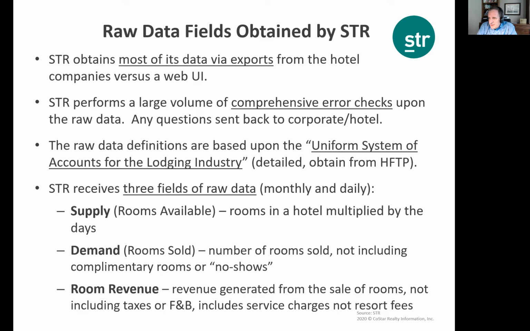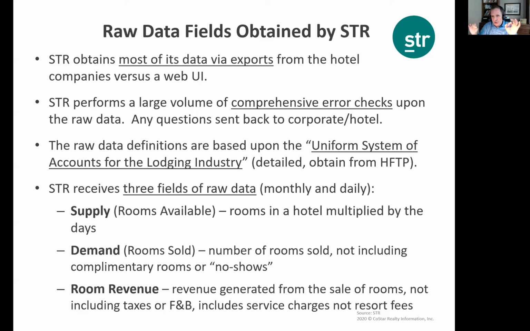So look at the definitions. The first definition is supply. Now, supply means the rooms available. These are the rooms in the hotel multiplied by the days in whatever time period you're talking about. So supply means rooms available. Second, demand means the actual rooms they sold. It's the number of rooms sold, does not include complimentary rooms.